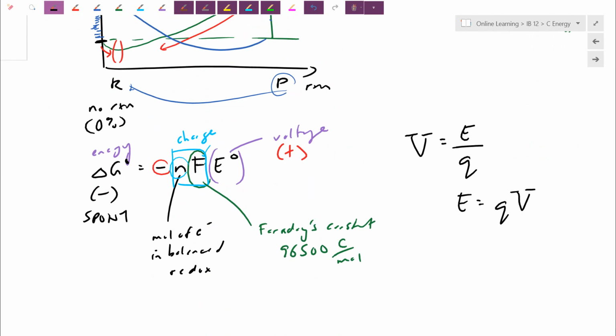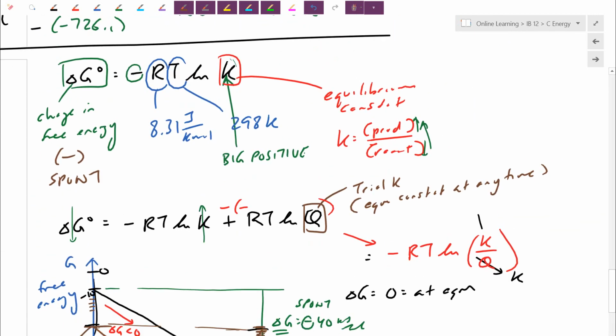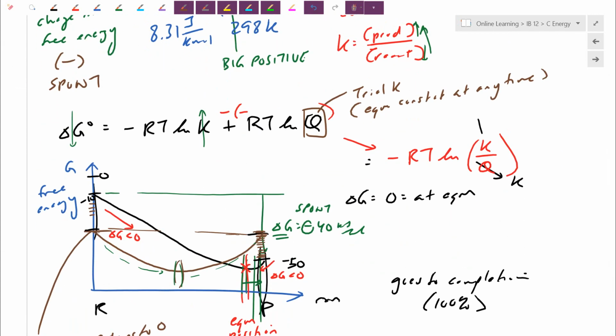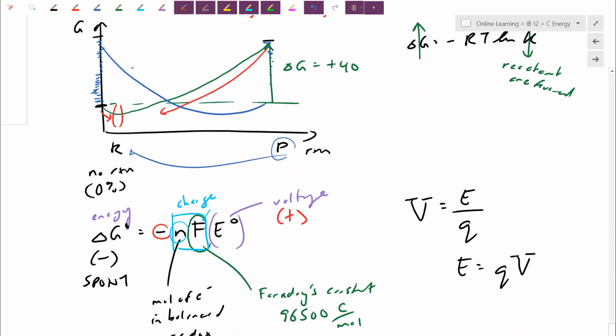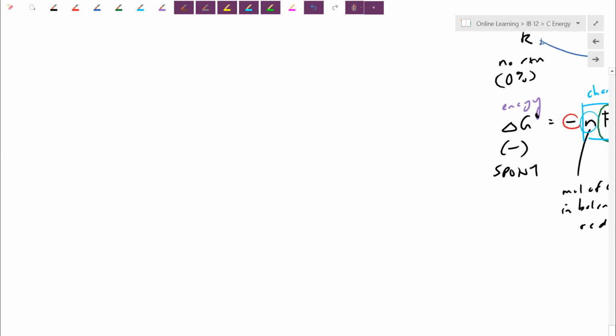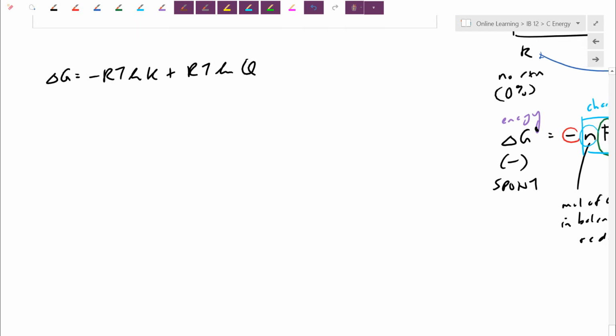So let's go back into that more thorough version with the negative RT ln K. We're going to do a derivation by plugging in this nFE concept. Let me do this on the side here. This is the formula I wrote for you earlier: delta G is equal to negative RT ln K plus RT ln Q. You'll notice sneakily I've dropped the naught symbol.